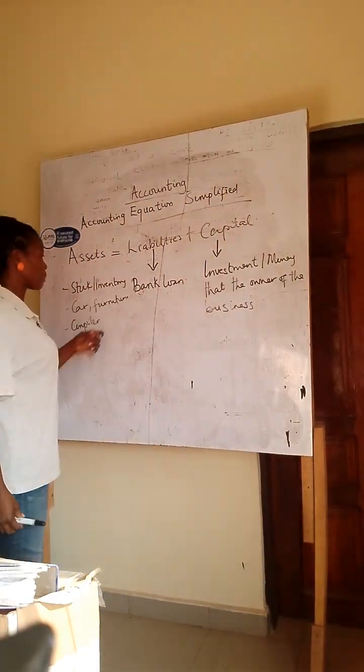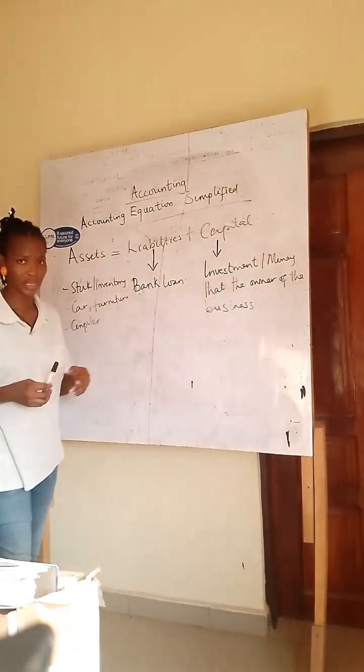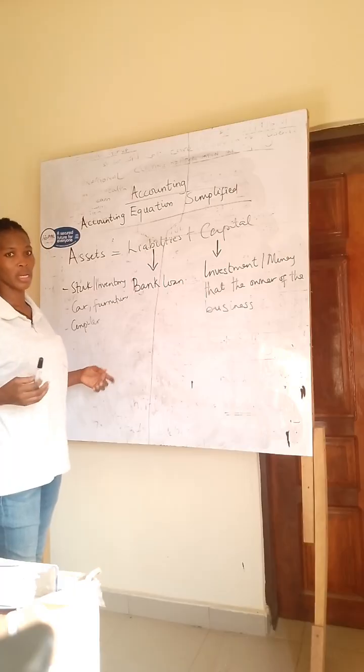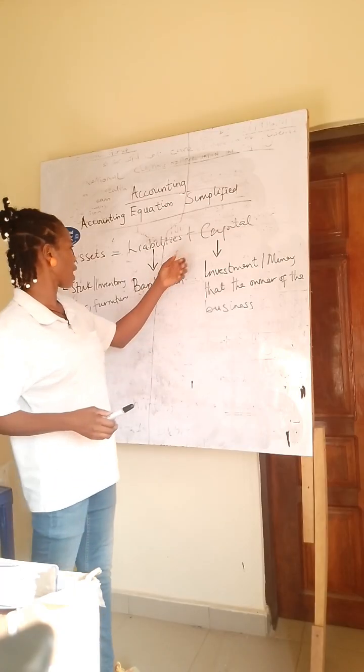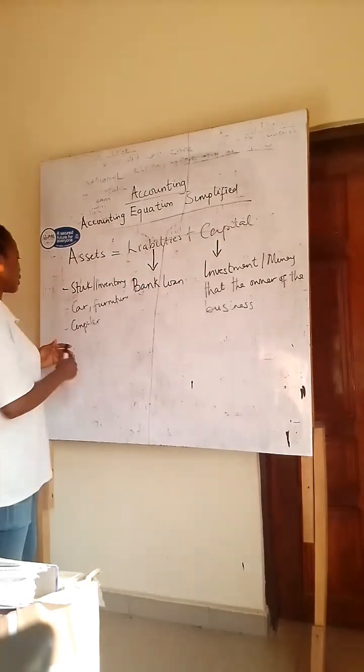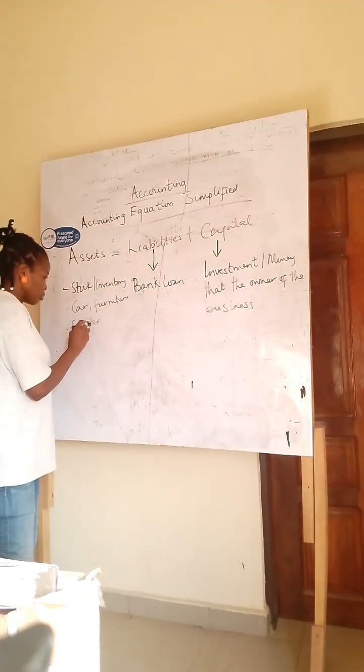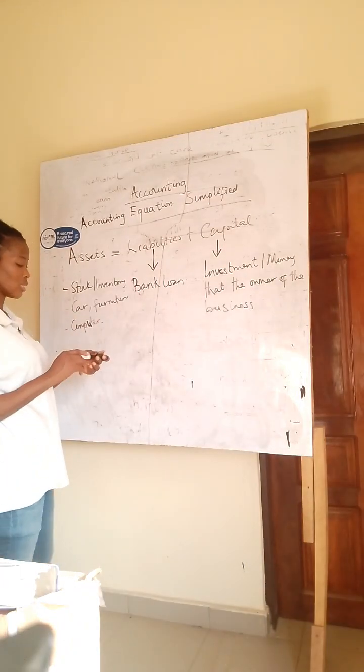Be it computer, be it furniture, whatever you need for your business, you must have money for it. That money will come from either your capital or your liabilities, and then you can buy the equipment you need for the business. Are we together? So that is assets.